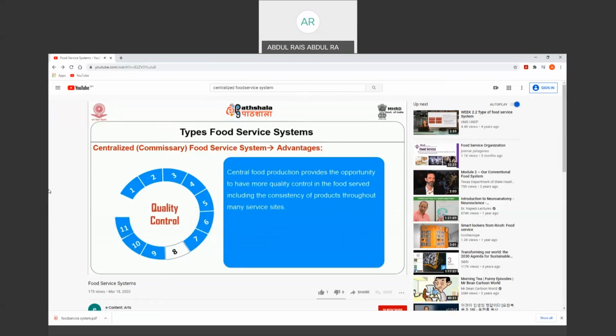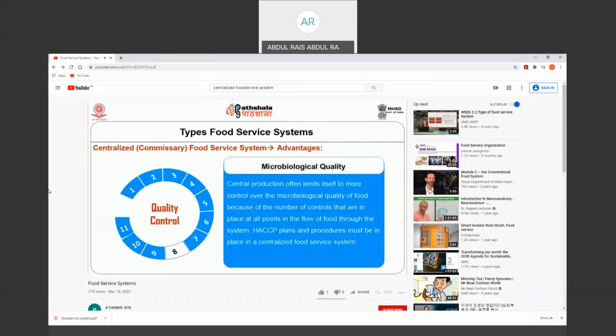It is quality control. Quality control can be achieved in central food production systems because they provide the opportunity to have more quality control in the food served, including the consistency of products throughout many service sites. There are 3 aspects of food quality you should know. One is the microbiological quality.